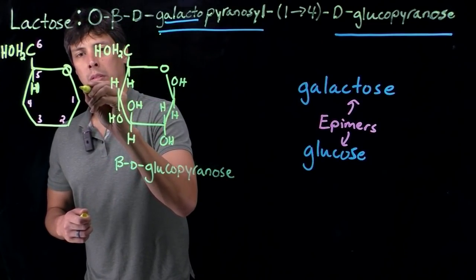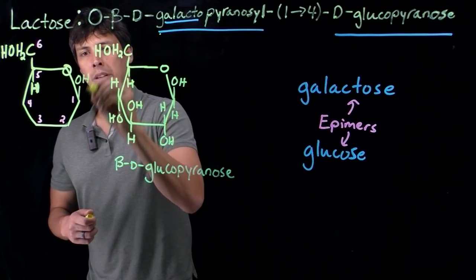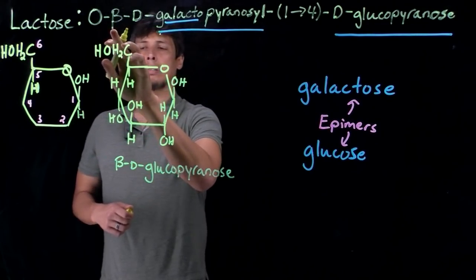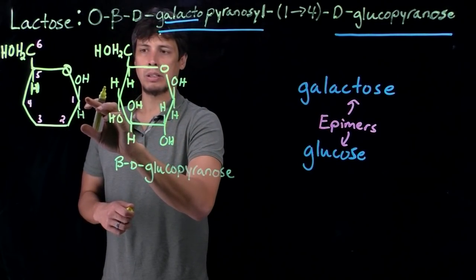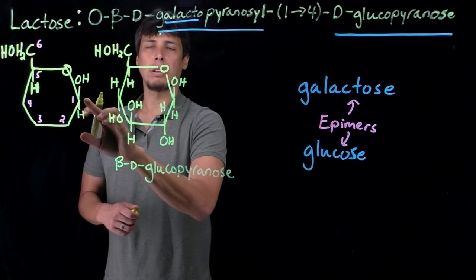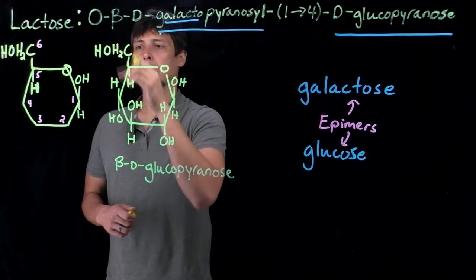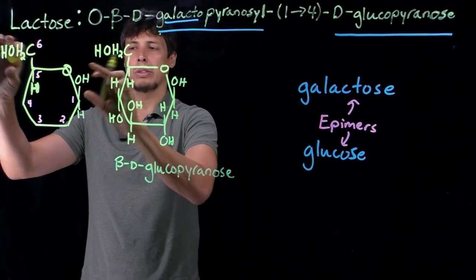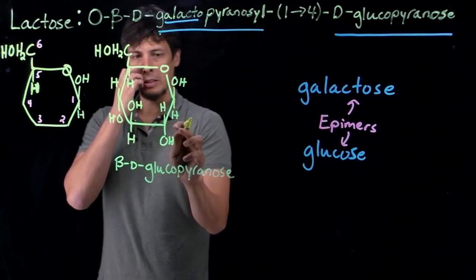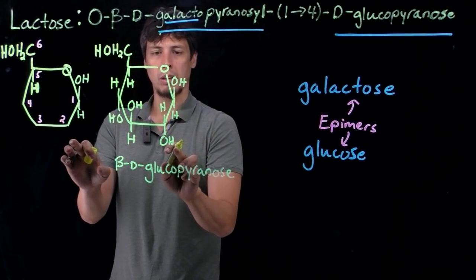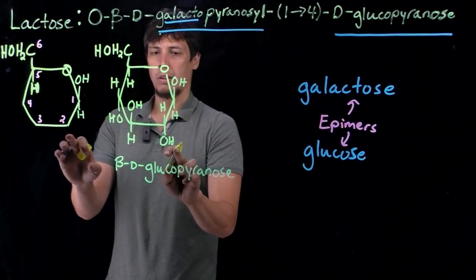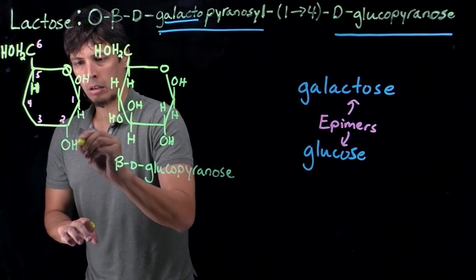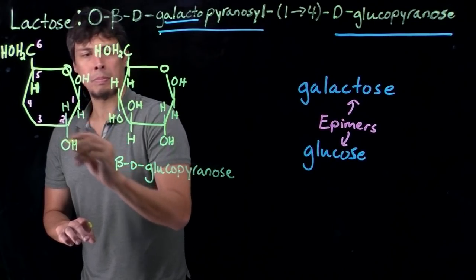At the 1 position we have OH up, H down, and that's because this is the anomeric carbon of galactose. This is the beta anomer, which means the OH group is on the same side as the 6 carbon, which is above the ring. Next, we follow the direction of the OH groups for 2 and 3. So 2 is down, which makes the hydrogen up.